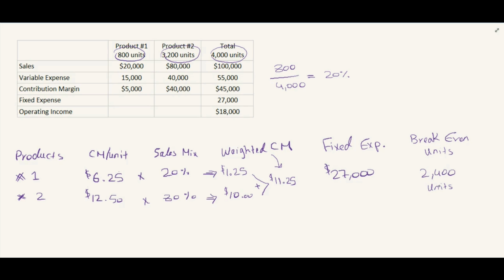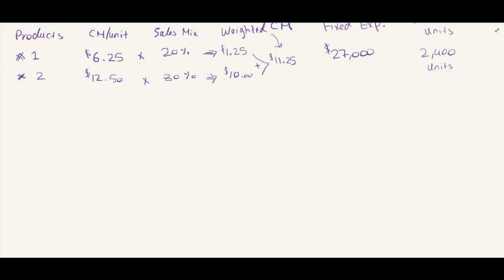So here's the question: 2,400 units from which product, or in which percentage? From product number 1, product number 2. How do we know? We can know that by doing the following. We will take the 2,400 and multiply it by the sales mix of each product.